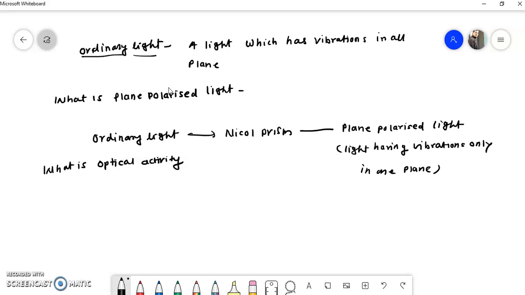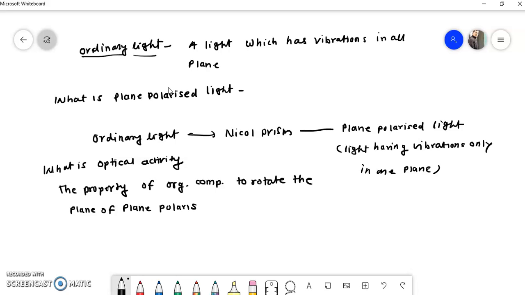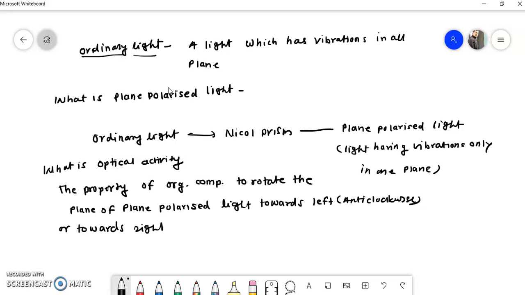The property of an organic compound to rotate the plane of plane polarized light towards left, that is anticlockwise, or towards right, that is clockwise, is called optical activity.